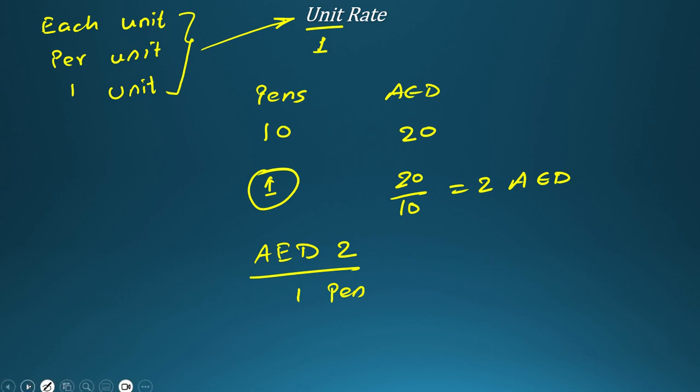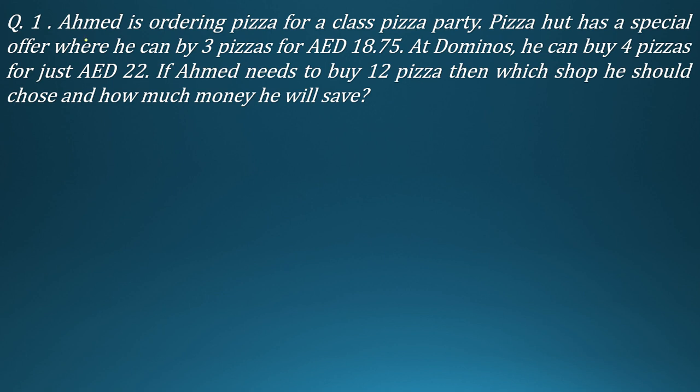For example, suppose we want to solve this question. Ahmed is ordering pizza for a class pizza party. Pizza Hut has a special offer where he can buy 3 pizzas for AED 18.75. Now what I told you, my dear students, is that in place of reading the question very quickly, you just write important things on the paper.